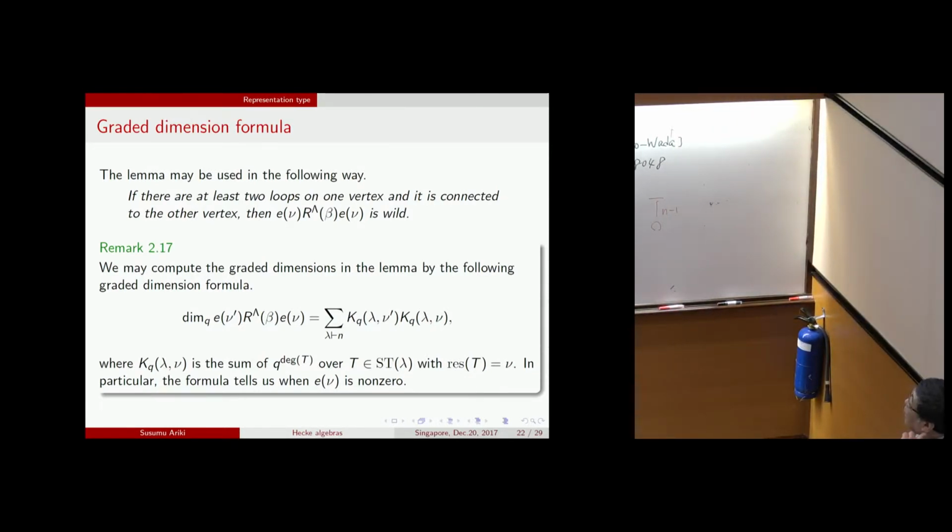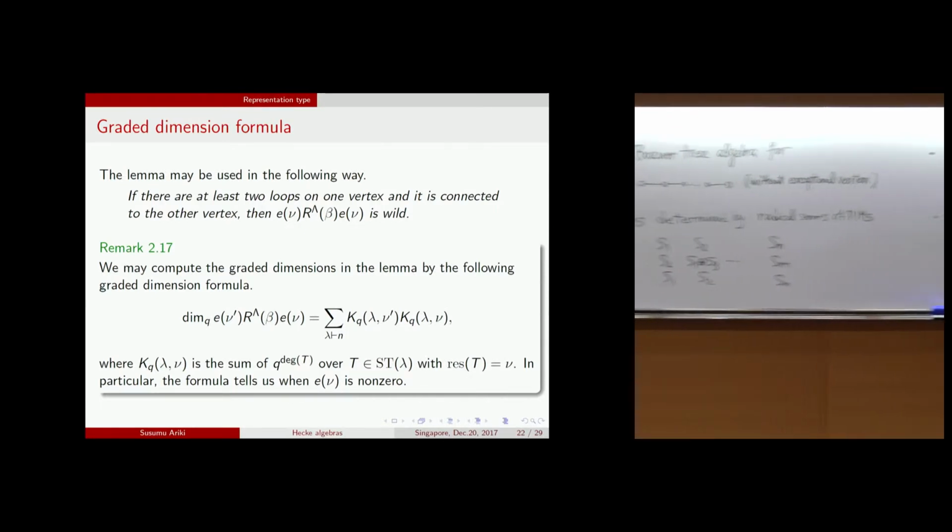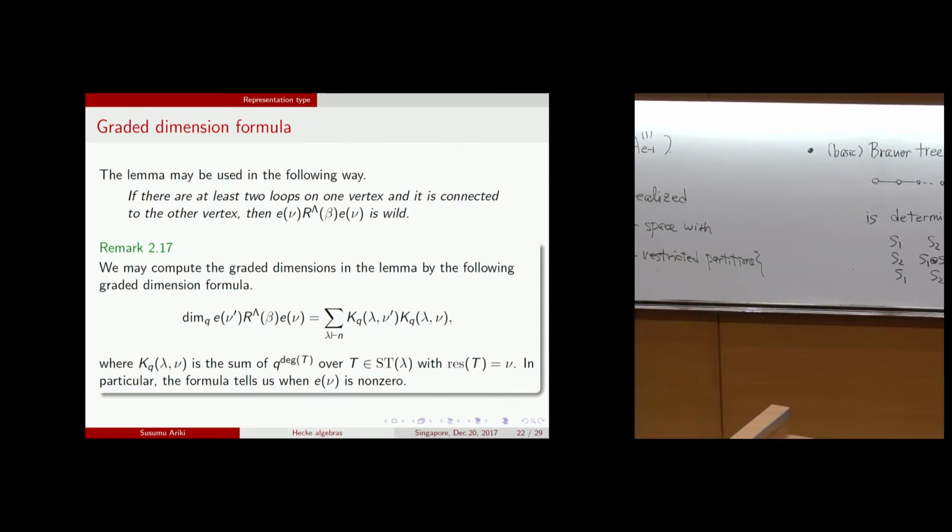And we have similar results for other affine types in our paper with William Park. But here I only treat A1L, so this result goes back to Brundan's result. Anyhow, so using this, I can compute graded dimension.